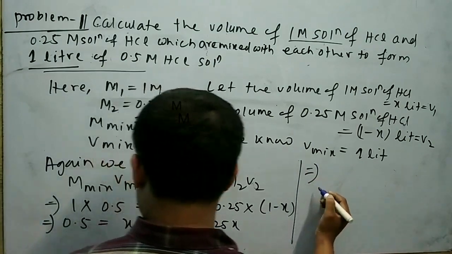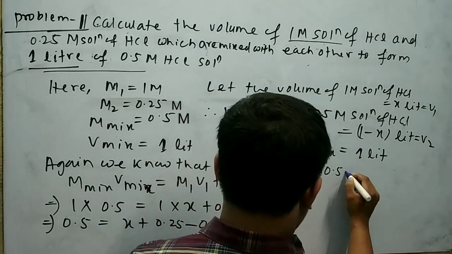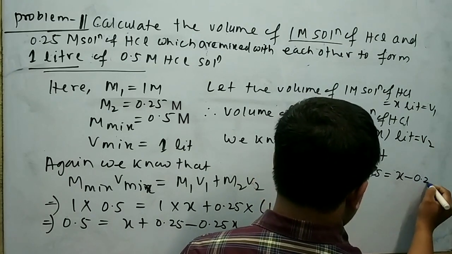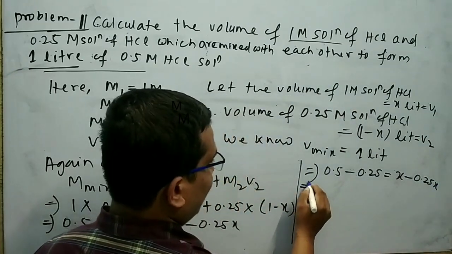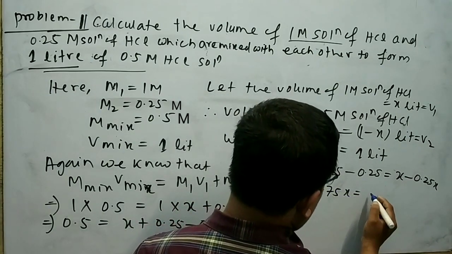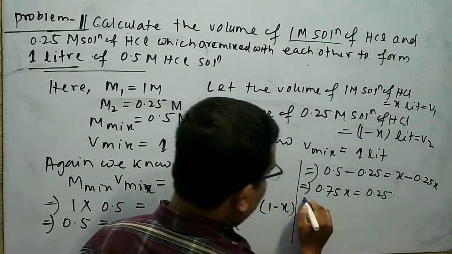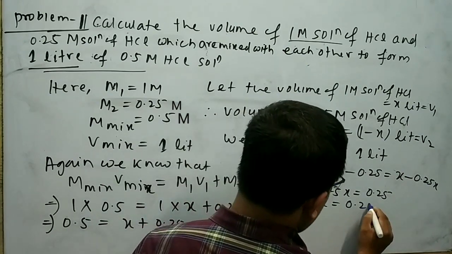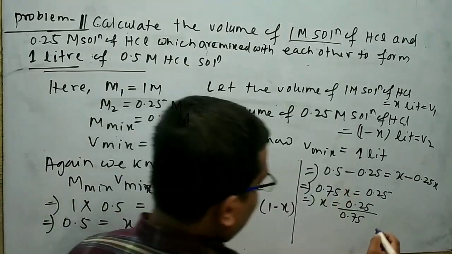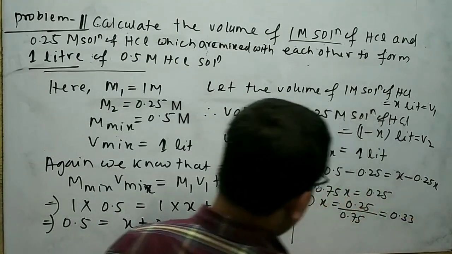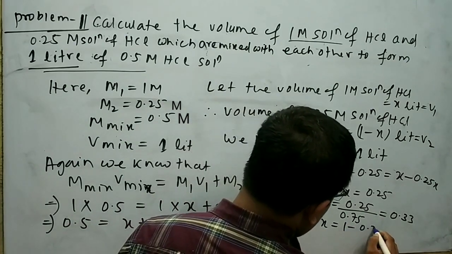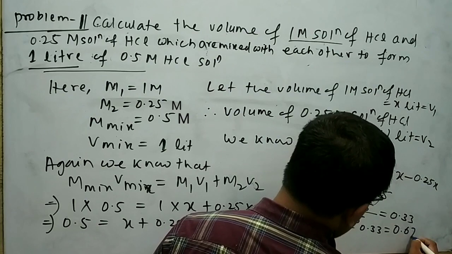Imply that I can write 0.5 minus 0.25 equal to x minus 0.25x. Imply that 0.75x equal to 0.25. Imply that x equal to 0.25 divided by 0.75 equal to 0.33. Imply that 1 minus x equal to 1 minus 0.33 equal to 0.67.